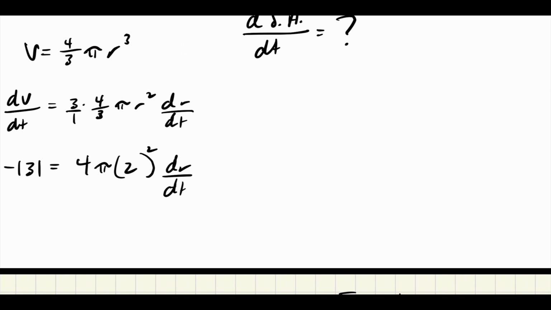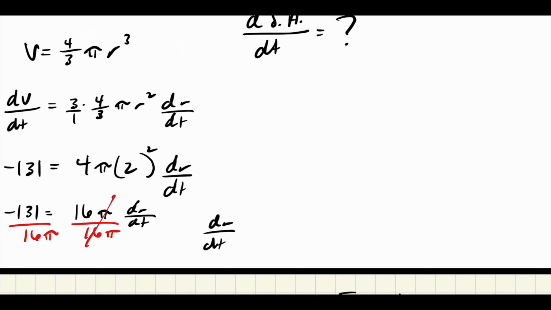So it's going to be negative 131. 2 squared is 4 times another 4 is 16 pi dr over dt. Divide by 16 pi. We get dr over dt equals negative 131 over 16 pi.